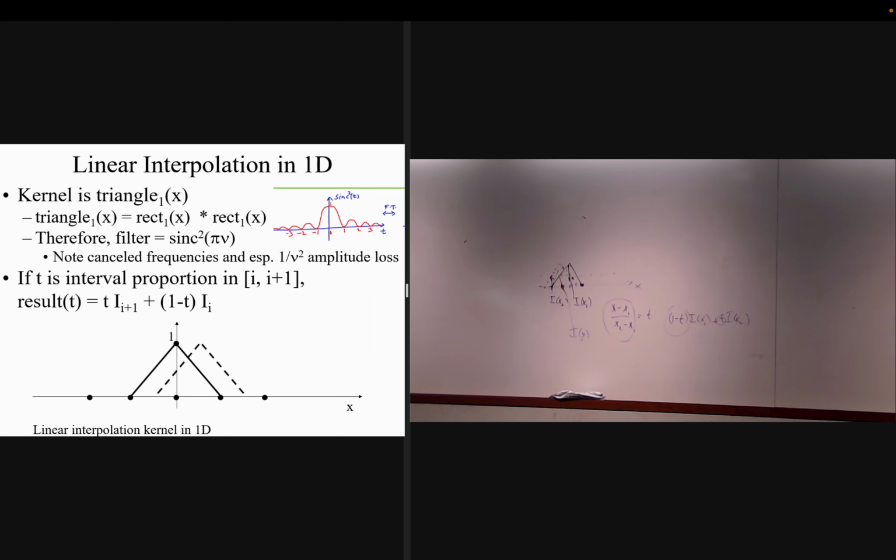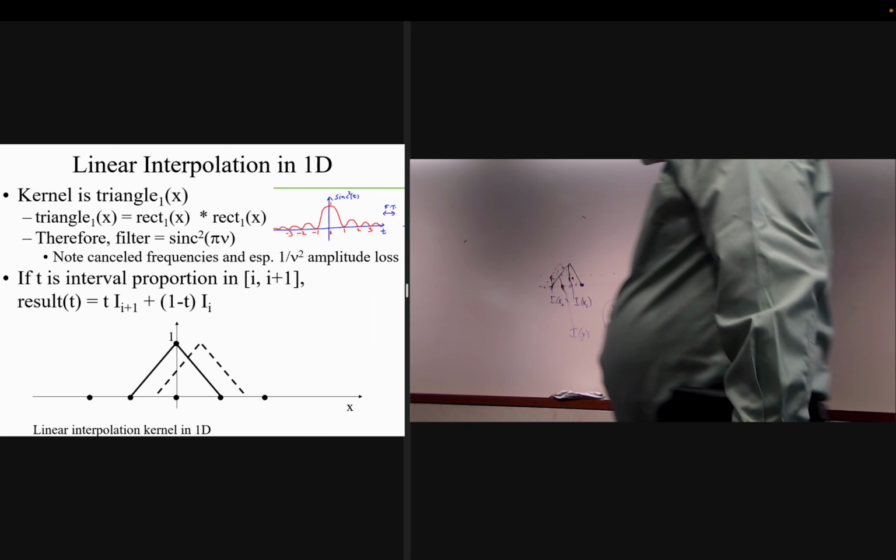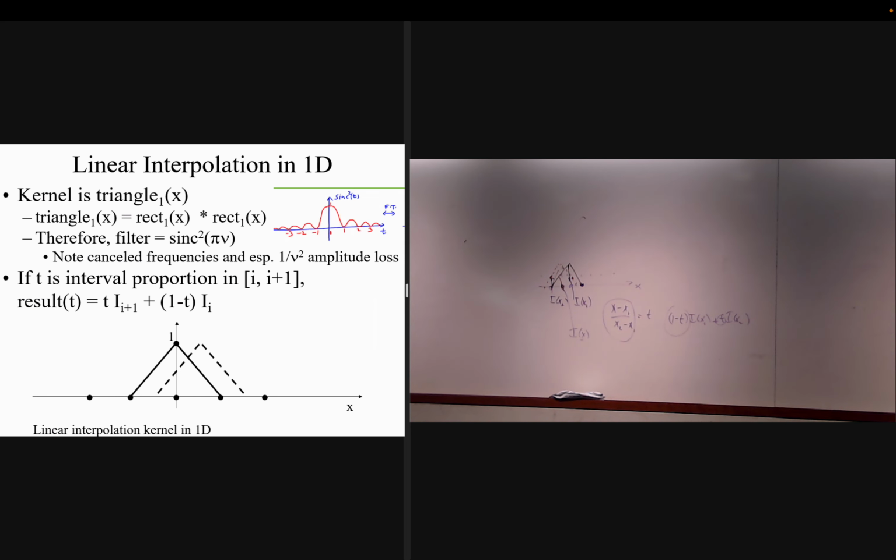What I'm saying is that a convolution kernel centered at the output position, which is this triangle function, gives you linear interpolation. Put another way, linear interpolation is convolution with a triangle kernel.